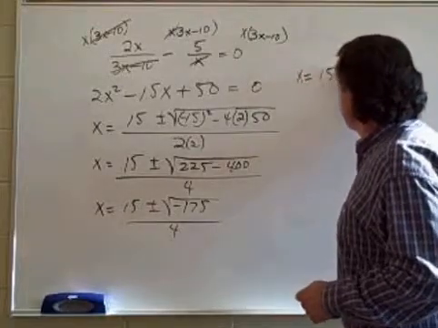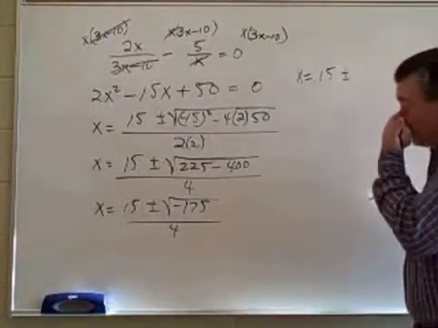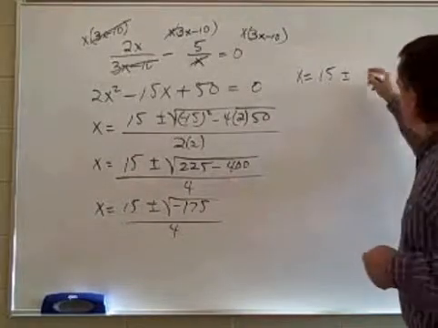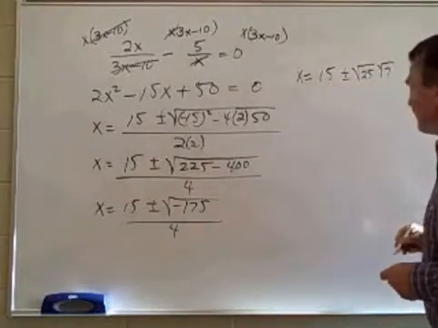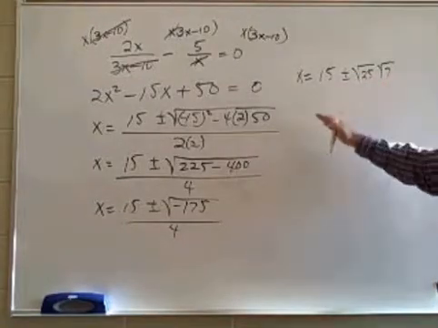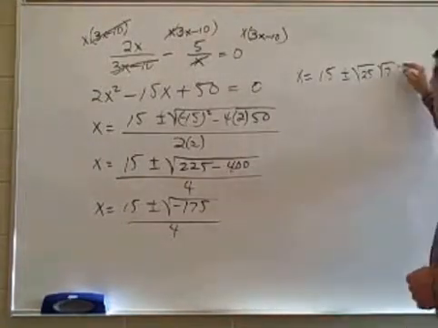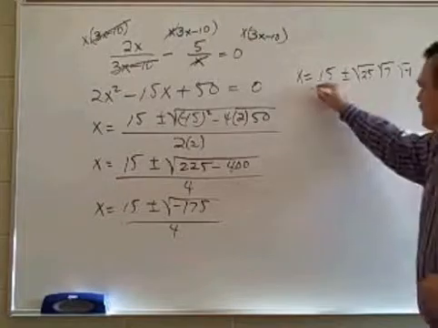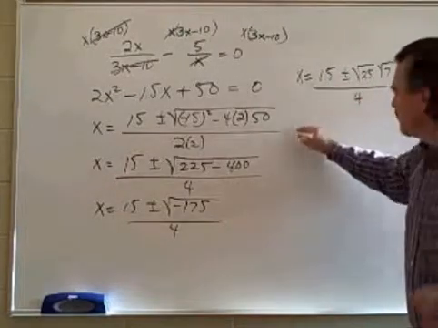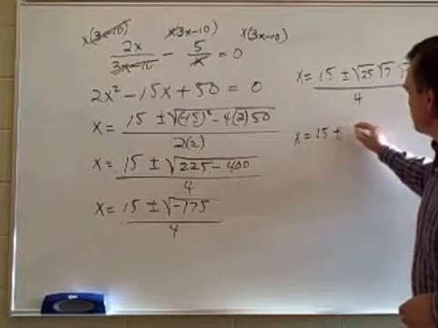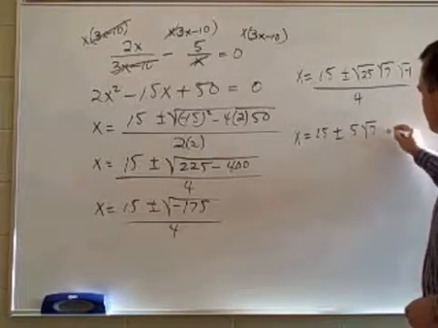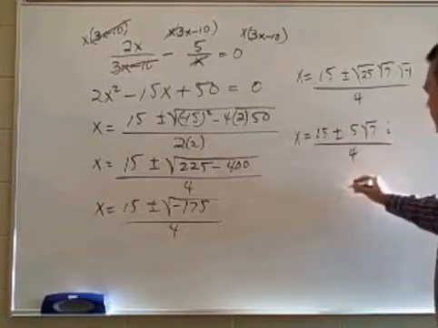So x equals 15 plus or minus. Let's see how we can break that apart. That's going to be the square root of 25 times the square root of 7. 7 times 25 is 175, times the square root of negative 1. All of that over 4. So that's 15 plus or minus 5 times the square root of 7 times i over 4.